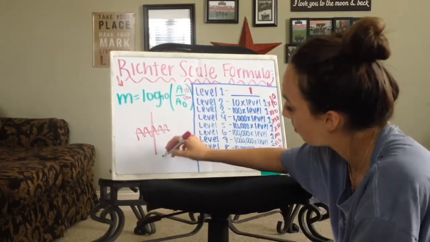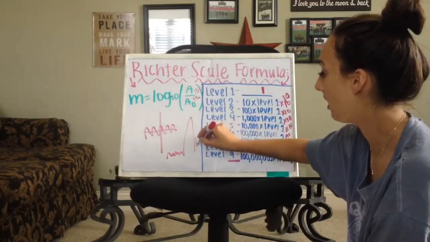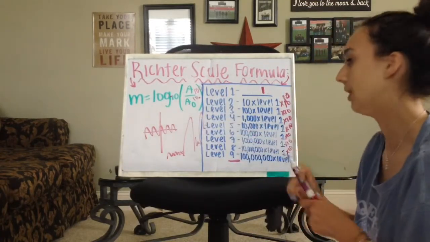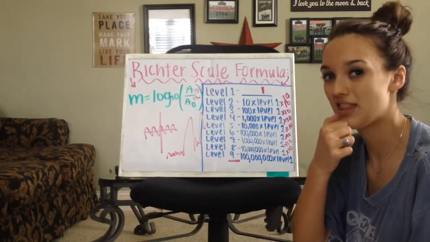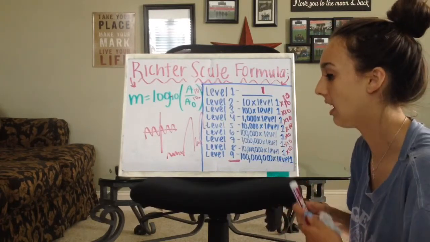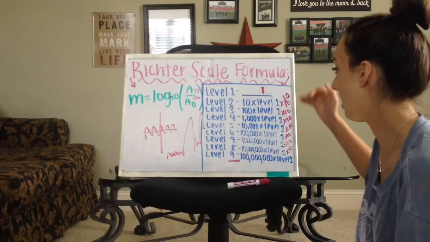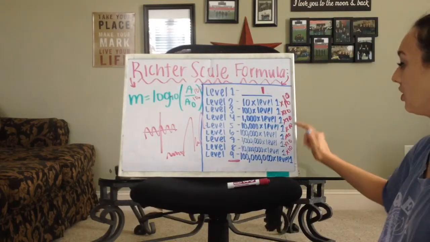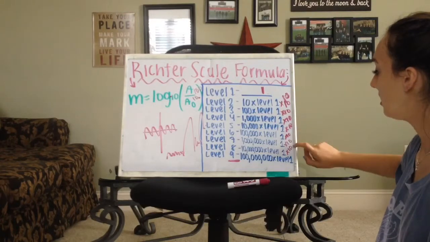Some of the amplitudes go up really high, then down, and up really high again, scribbly. It's sort of like a heart monitor that tracks your heart, but it tracks the amplitude of an earthquake. So that is the formula and the scale used to determine all of them, and just don't forget they're each multiplied by 10 each time to get the next level.